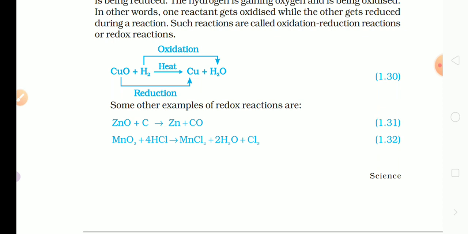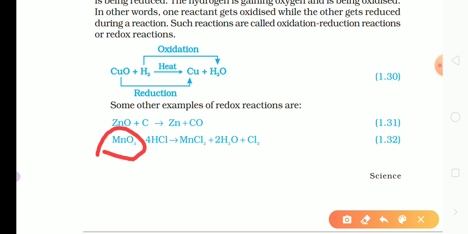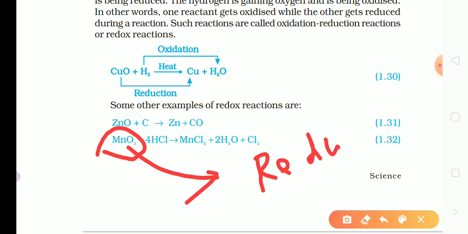Now it's a bit more complex, in fact. So first of all, what you have to do? You can see manganese dioxide loses oxygen, which means it got reduced, and HCl got this oxygen and converted to H2O, which means HCl got oxidized.